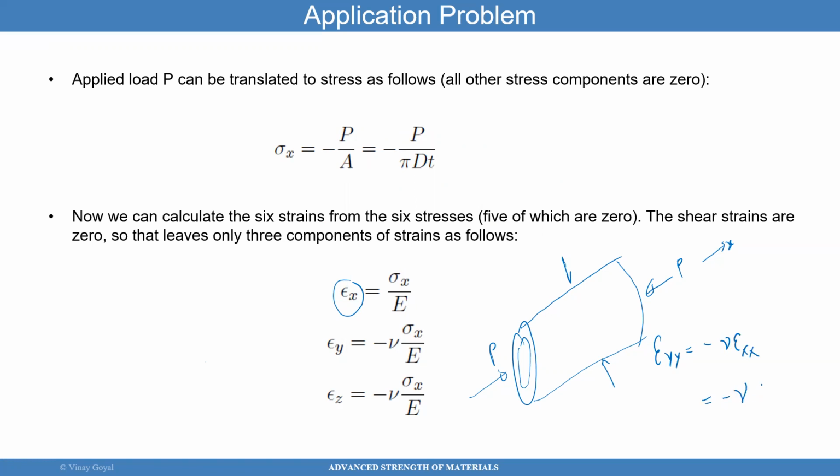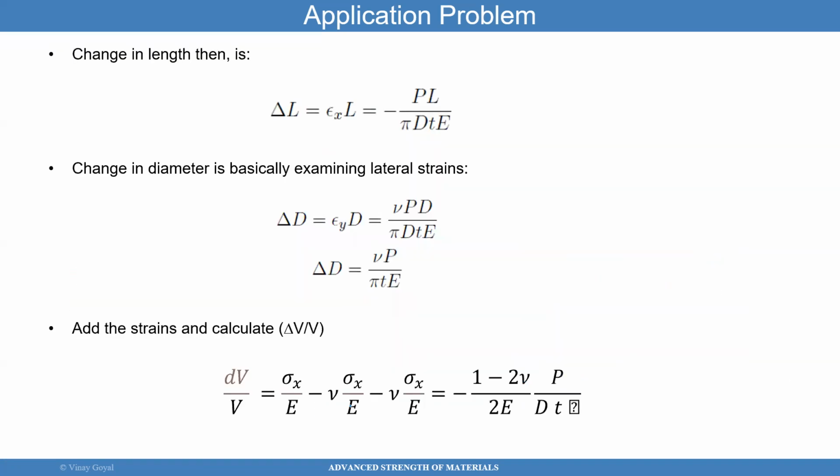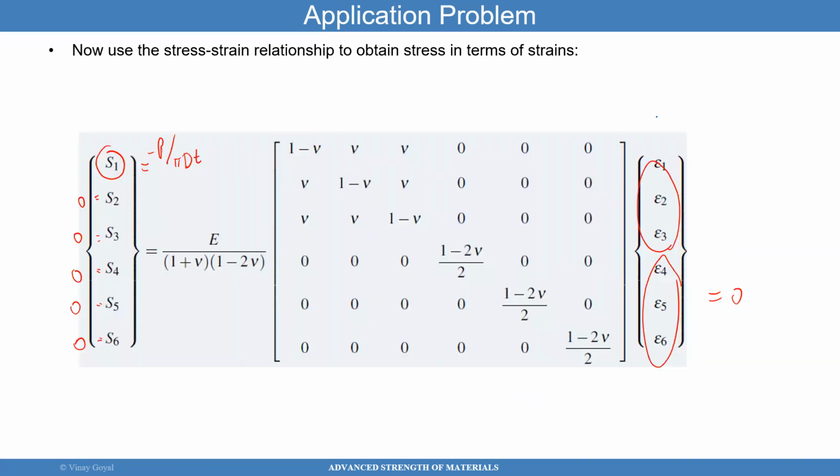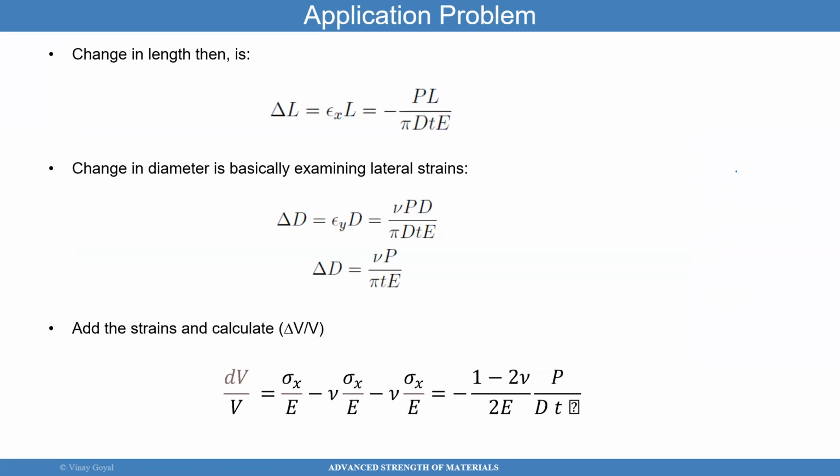But I already know what epsilon xx is: sigma xx divided by E. The same thing applies to epsilon zz, but I won't repeat it. So again, all that comes from the constitutive law I drew here, the one I'm showing here. That's what you will use to solve for epsilon xx, epsilon yy, and epsilon zz.